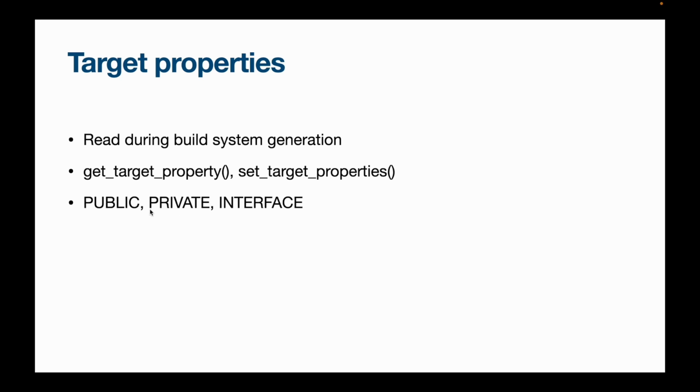So for example, if the header include paths are only referenced from this library's CPP files, its implementation, then they can be private because the headers don't need to know anything about them. But if your header files use some sort of external dependency or special path, then that needs to be declared as public because anybody who links against you and includes your header files is going to need to be able to find whatever those header files include. So that's the difference between public and private.